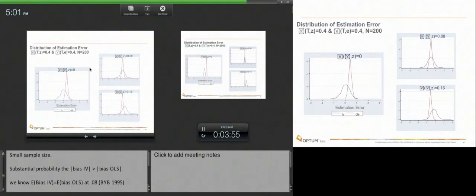For any particular sample, we could be here, here, or here. But we want the sampling distribution to be centered over 0 in order for our statistical approach to be unbiased. And sure enough, instrumental variables, the blue line, is centered right over 0. With a perfectly clean instrument, we have no bias and it's normally distributed.